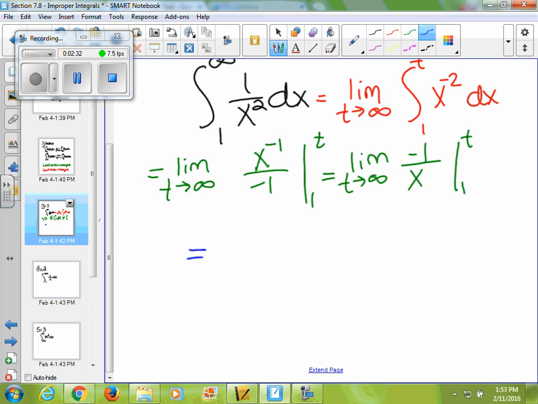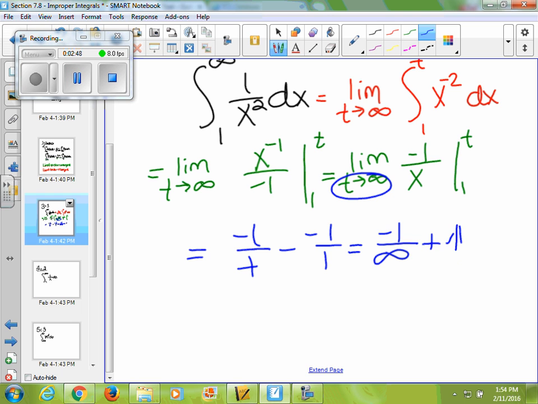If I start by plugging things in, I get negative 1 over t minus negative 1 over 1, where t is still approaching infinity. So then in plugging that in, I get negative 1 over infinity plus 1, because 1 over 1 is just 1.